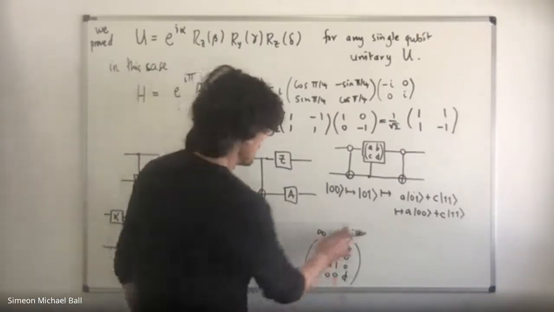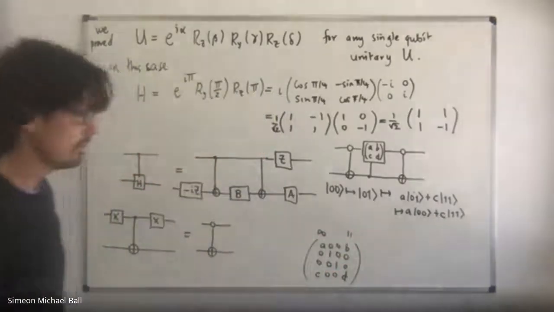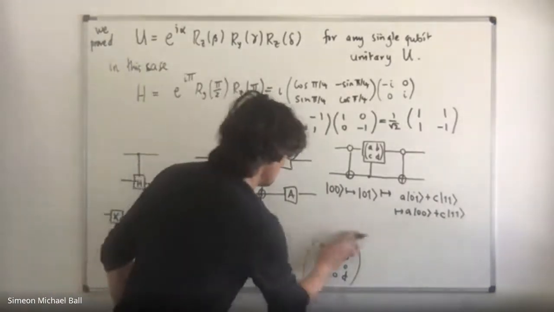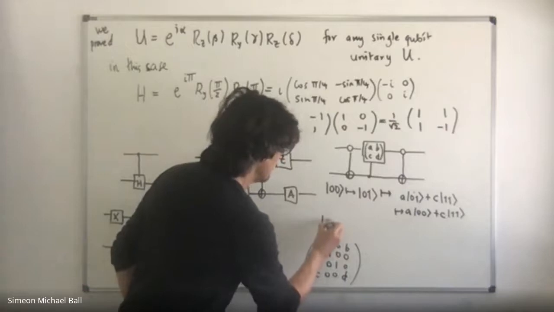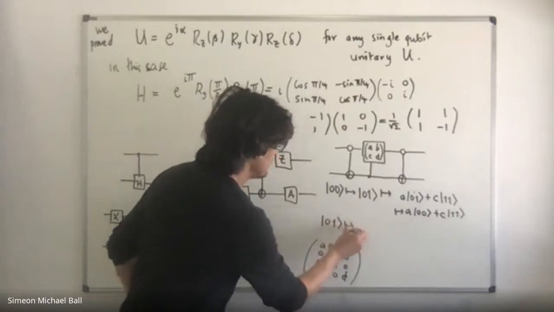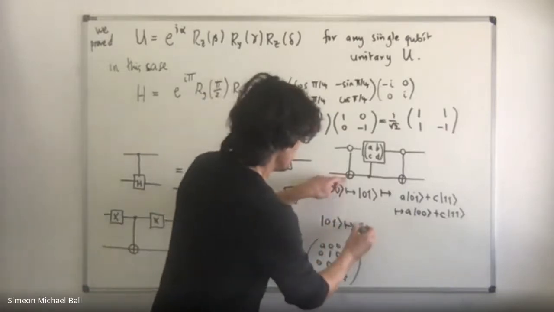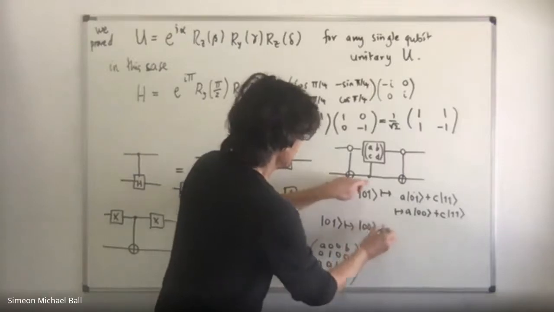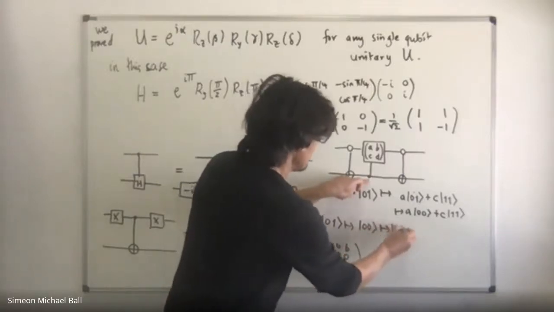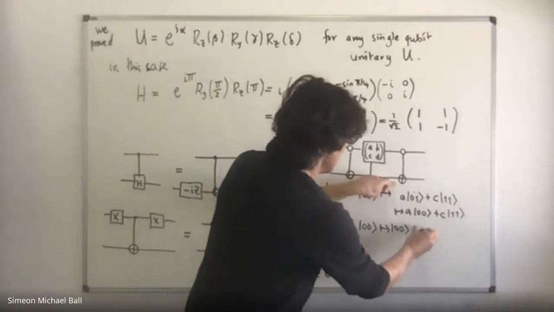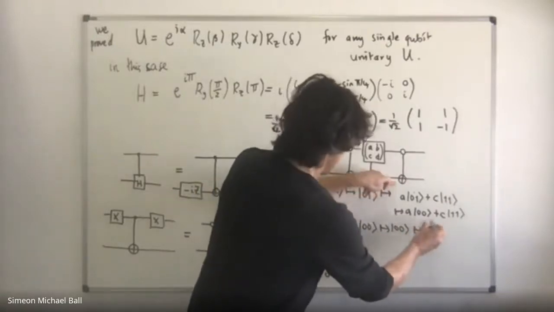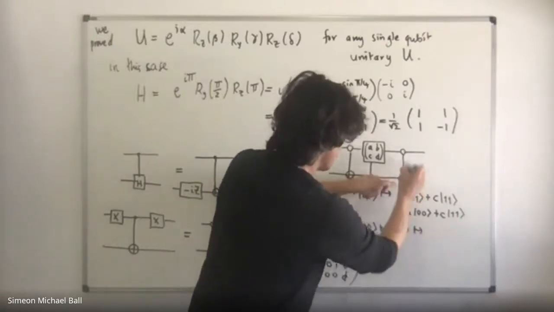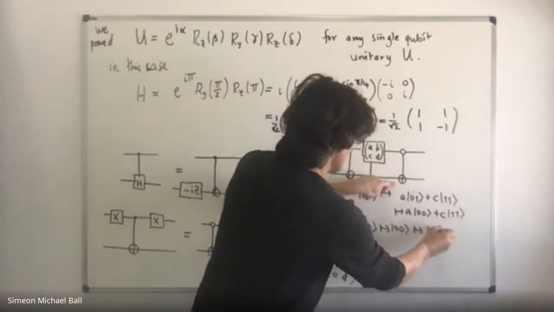Okay, so now we can check the others. Very quickly I can do 0, 1. 0, 1 is set, so this thing goes to 0, 0. But this is now not set, so nothing happens to it. And then here, this is not set, so this thing goes back to 0, 1.